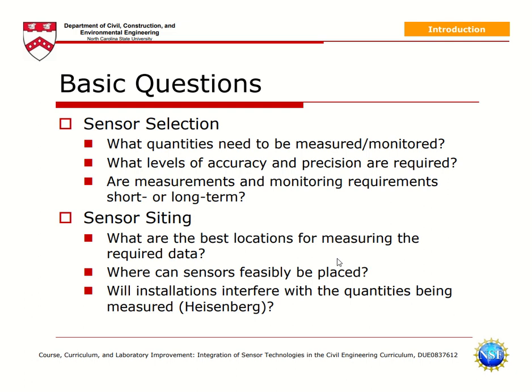And after that, the third question: are the measurement and monitoring requirements short term or long term, right? It depends on whatever sensor you are using, whether it involves heavy infrastructure or light infrastructure, and whether the measurement takes a long time or a short time. So are measurement and monitoring requirements short term or long term, that is the question.